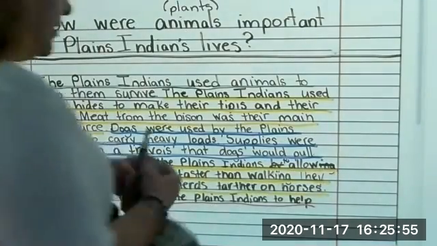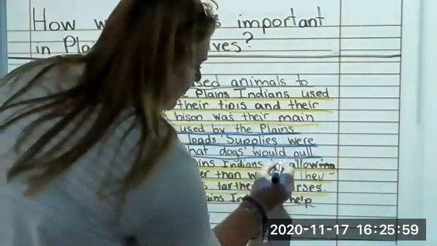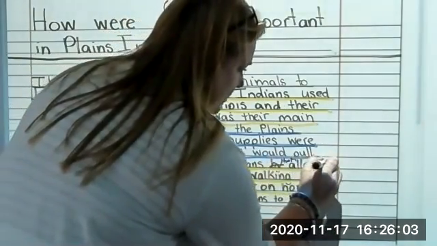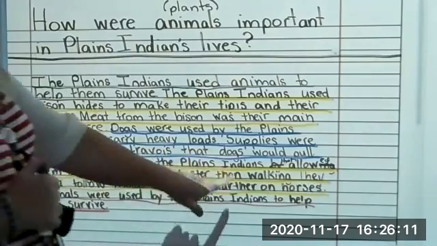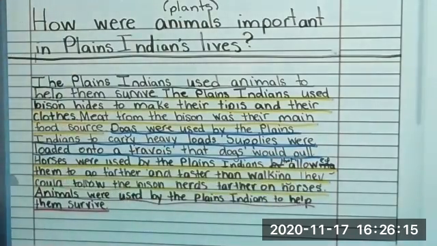See how editing helps you? I want to say that allowed them to go farther and faster. That sounds much better, doesn't it? Horses were used by the Plains Indians that allowed them to go farther and faster than walking. I think that sounds better.